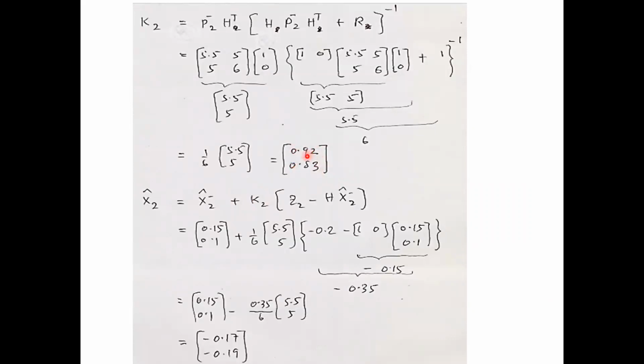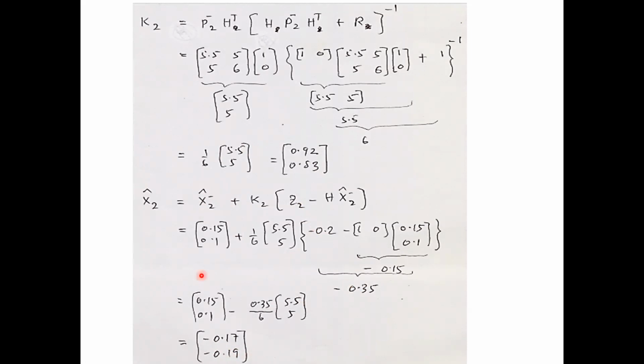So with the gain adjusted, every time step you calculate the gain and you put it over here with the new measurement. At the second moment, k equals 2, the sensor measurement is different. Now it is minus 0.2, given. The rest you substitute from previous steps and you get minus 0.17, minus 0.19.